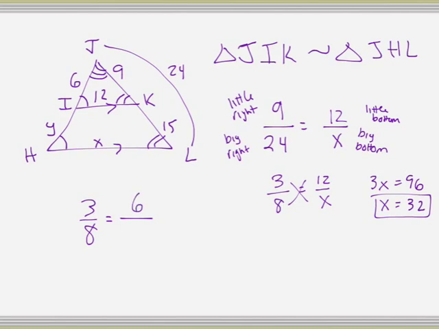What is the big left? Y plus 6. We're never going to use the y and the 15 by themselves because they're not a side of a triangle. They're a part of a side of a triangle. So the little triangle has a side of 6. The big triangle has that whole thing, 6 plus y.